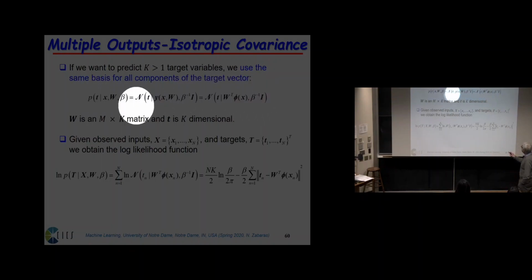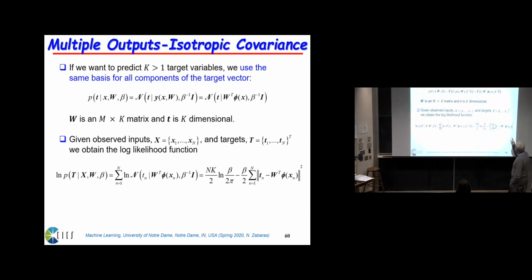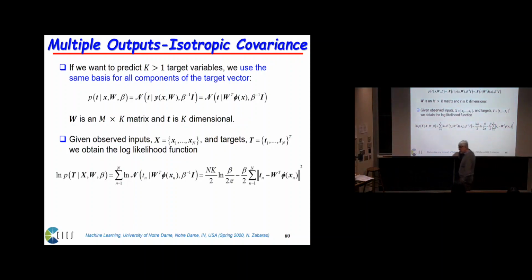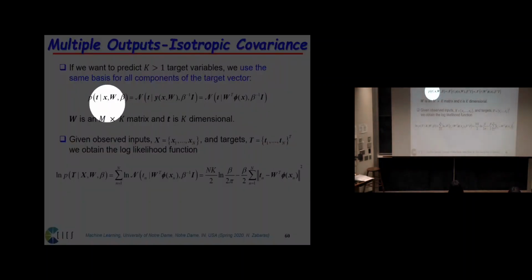And I want you to look at this likelihood model and compare it with the one I introduced many times in the last lecture, and tell me how this model differs from when the prediction is scalar. Tell me everything that is the same and everything that is different. Because obviously it's a model, you can do something else. So what do you see that is the same as the case when t was a scalar?